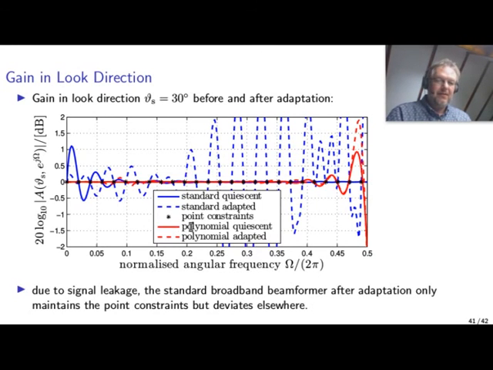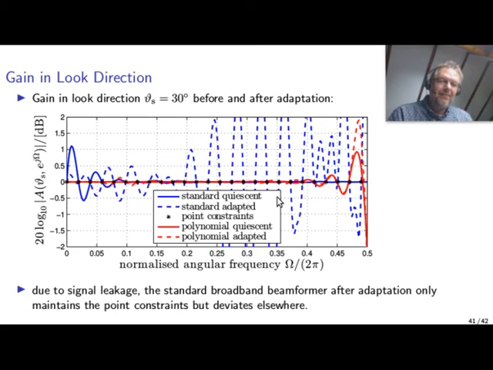Our red curves here are for the polynomial approach, so they're fairly accurate, quite close to 0 dB or a gain of 1. The standard beamformers start to oscillate quite a lot once we have adapted the beamformer.